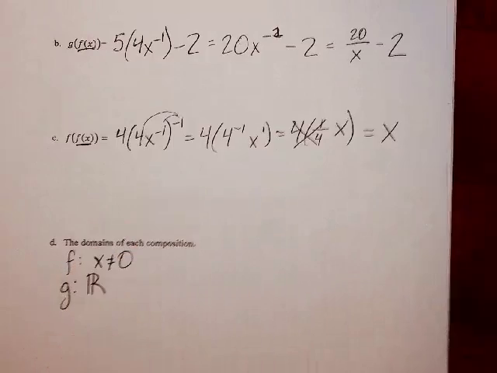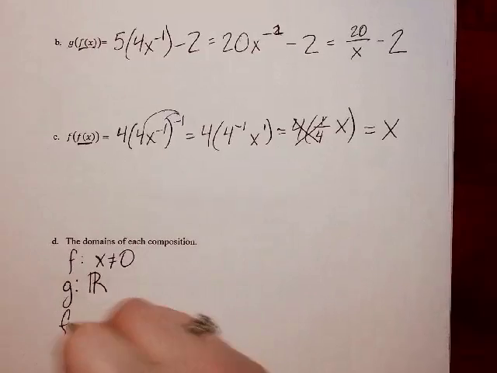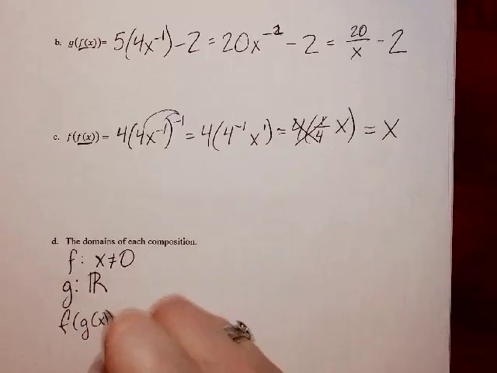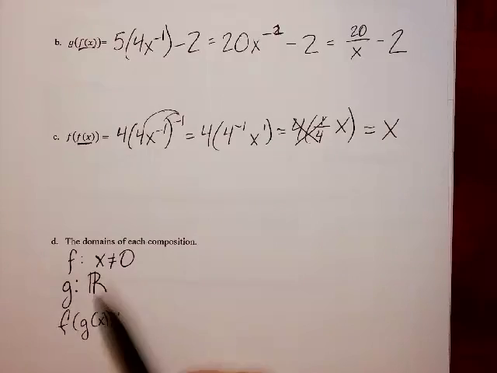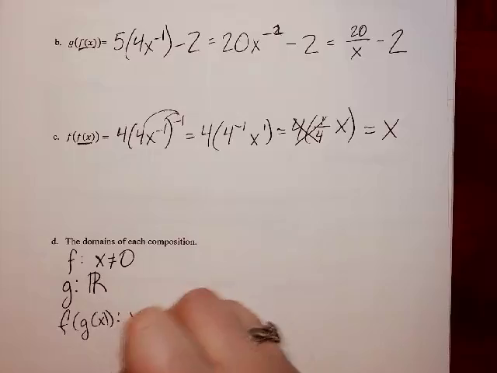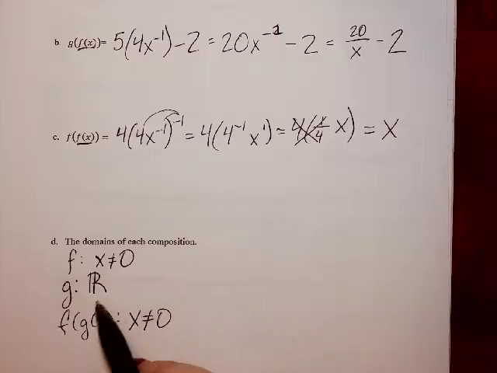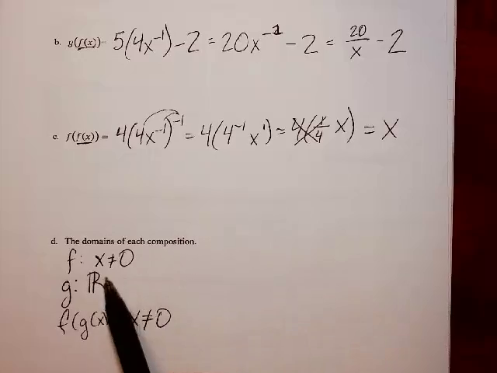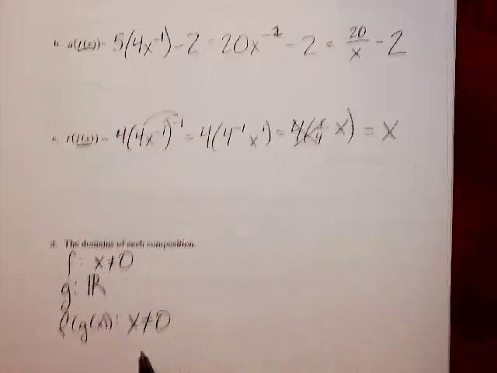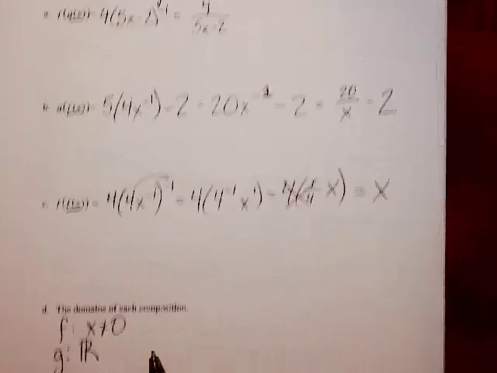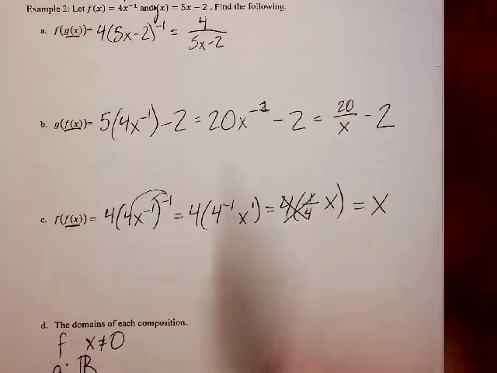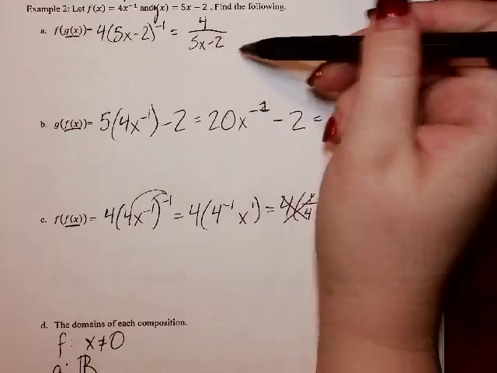Now, for f of g of x, we have to keep any restrictions here. So we know that x cannot equal 0. This basically means anything works, but this says that 0 doesn't work. So we have to carry that down. And now we look at our equation. So our equation for f of g of x is this. And again, we have a fraction.